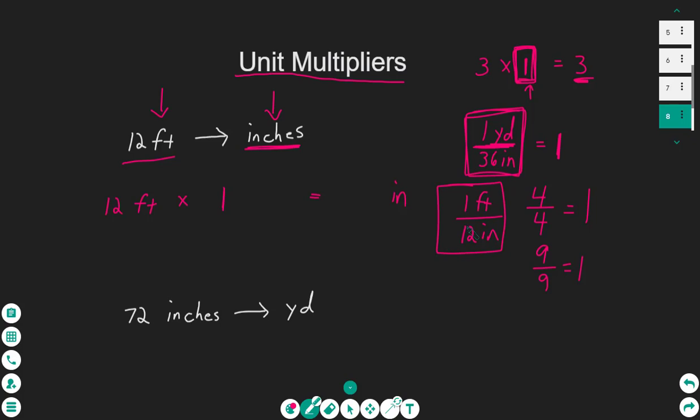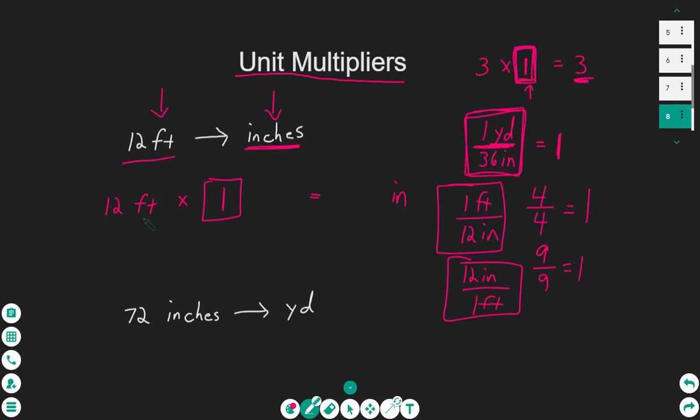It's 1 over 1. This is just another way of writing 1. Another way that I could write this would be the opposite, 12 inches over 1 foot. That would also be 1. It's just flip-flopped. So these two unit multipliers would be good unit multipliers to replace this 1 with.